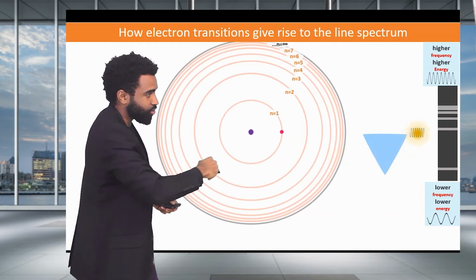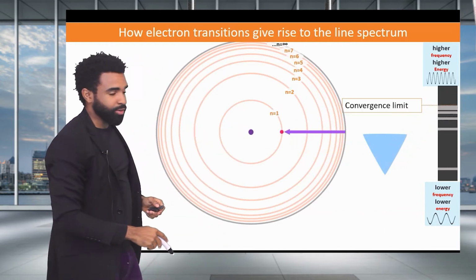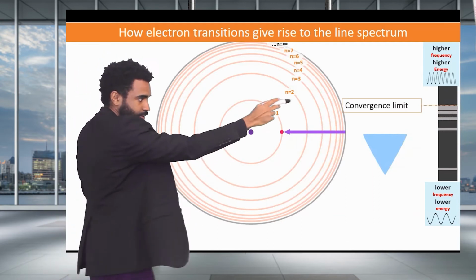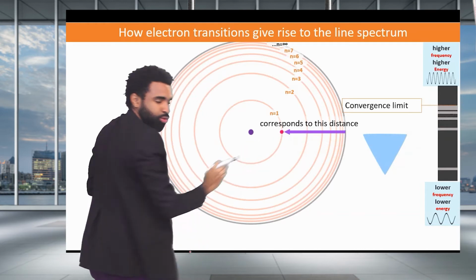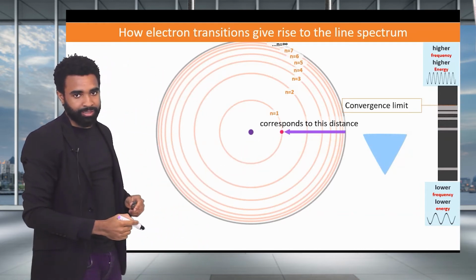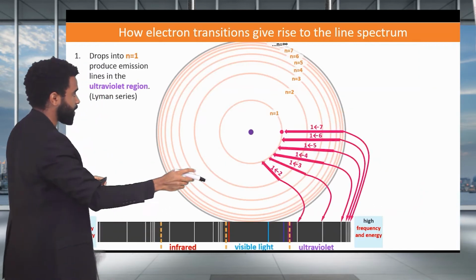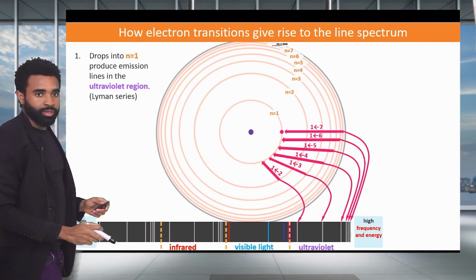And that highest energy drop will correspond then to what's called the convergence limit. That convergence limit corresponds to this distance here from n equals infinity to the ground state, or n equals 1, which is the lowest energy state. So that was just an overview again of how we get this Lyman series from drops into n equals 1.